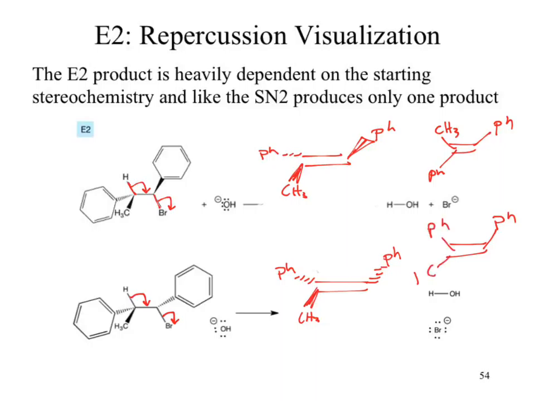I have the cis product. But in the E1, I never get the cis. I get the trans. It's really hard to get the cis in the E1. Why do I now get the cis in the E2? No time for rotation. But I got the trans up here. What's the issue?